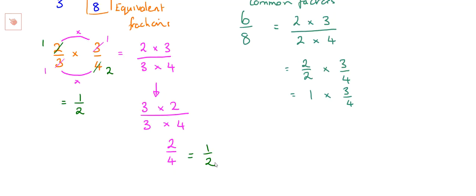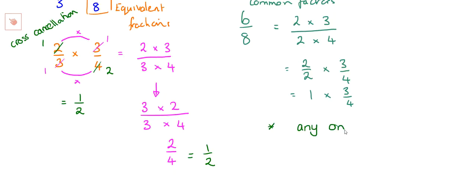Alright. So this is what you may remember being called cross cancellation. Now the problem with calling it cross cancellation is you think it has to be cross cancellation, but it doesn't. It's basically saying anything on the top can be cancelled with anything on the bottom. So maybe we ought to write that.